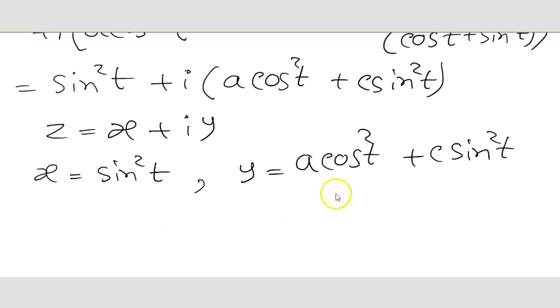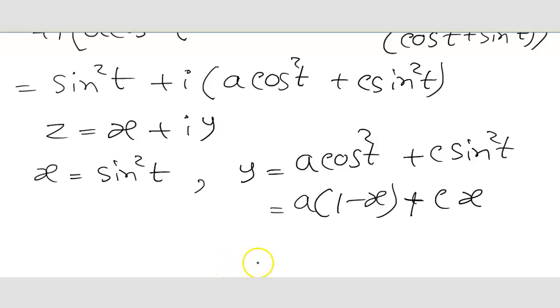So we can write sin²t as x. Sin²t plus cos²t equals 1, so you can write cos²t equals 1 minus sin²t, which is 1 minus x. So like this, and we can write this as y = a(1 - x) + cx.